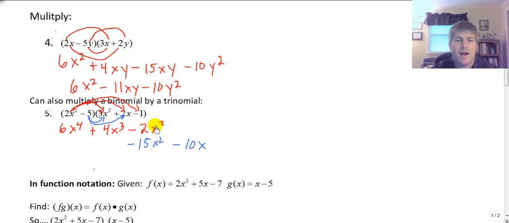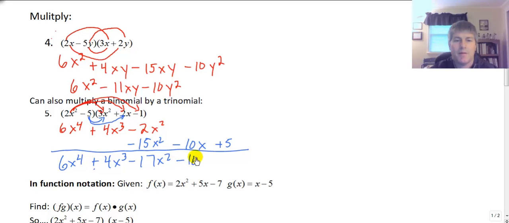And then negative 5 times negative 1 is positive 5. So, well, we didn't have that many like terms to line up after all in this problem, but you can get the idea here of how simple that is. So we end up with 6x to the 4th plus 4x cubed minus 17x squared minus 10x plus 5.